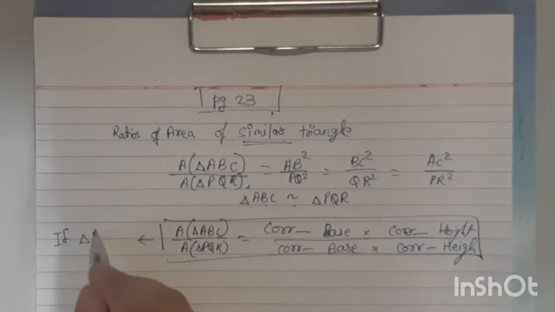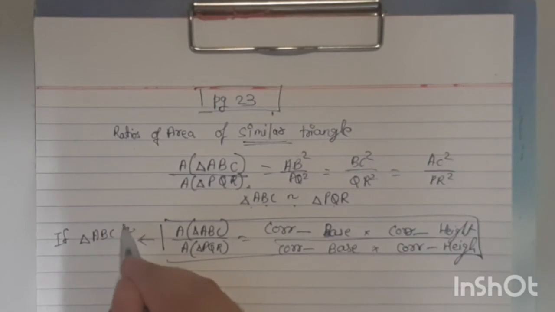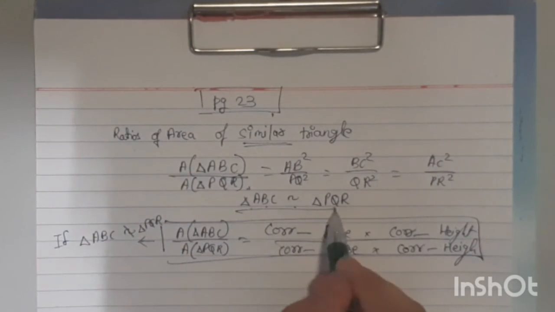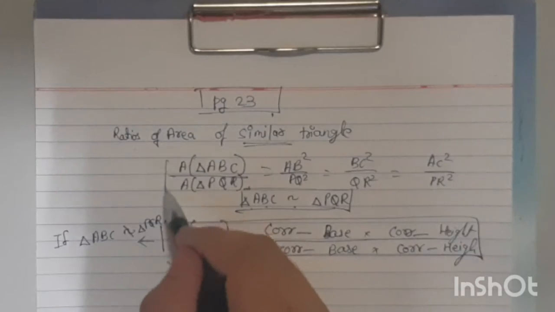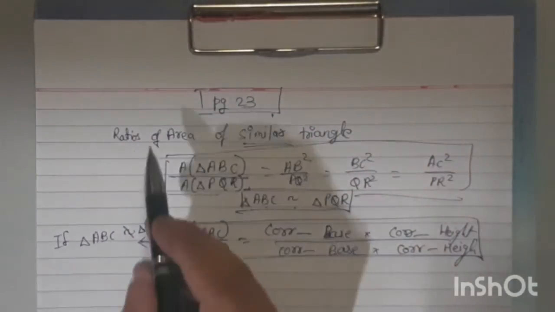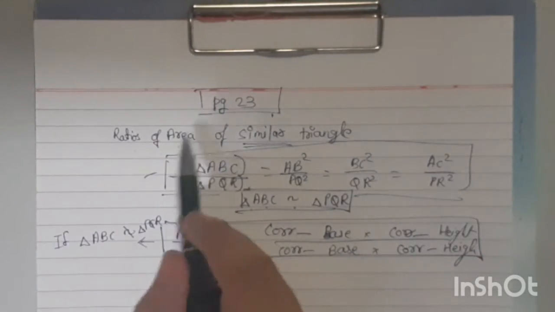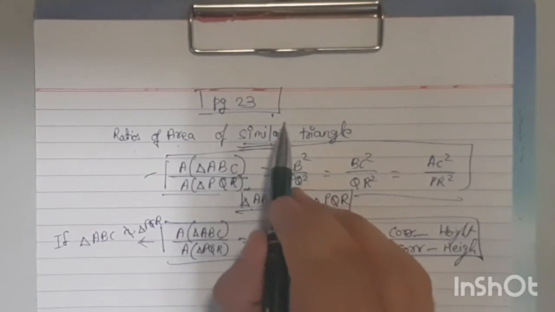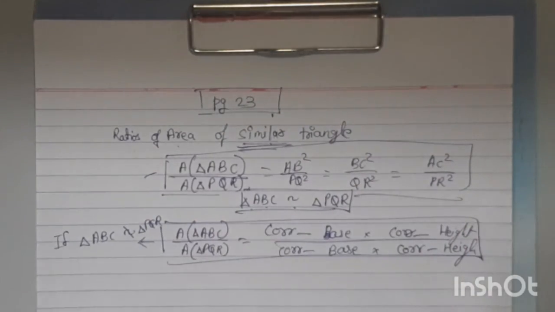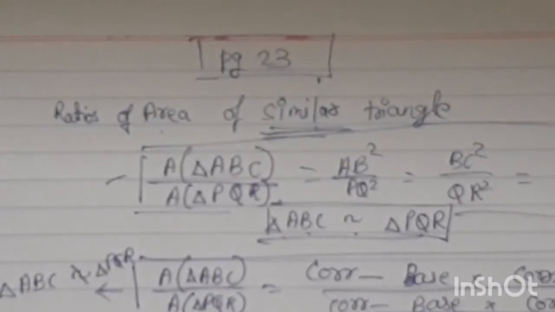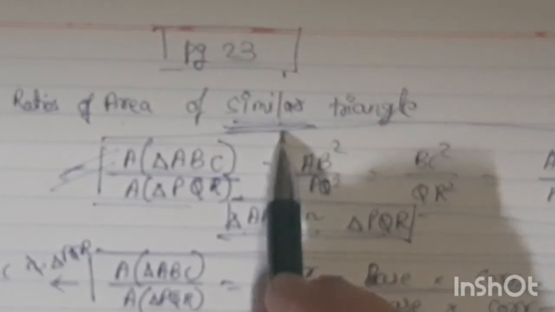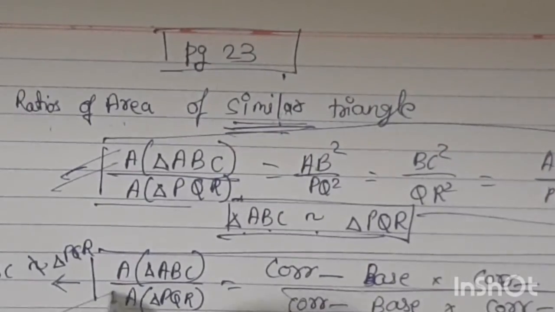If it is similar to triangle PQR, then go by the other method. Okay, and in questions, watch out for words like ratios of areas of similar triangles. If such words are used in your questions, then I am sure the most likely method is this one, and if the word similar is not used, then most probably the base and height method will be used.